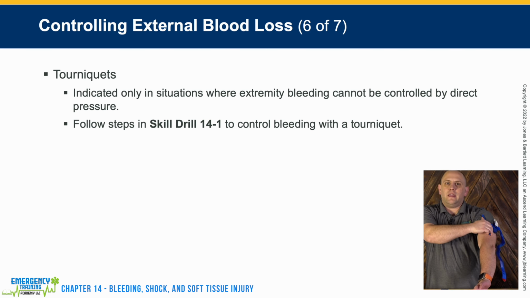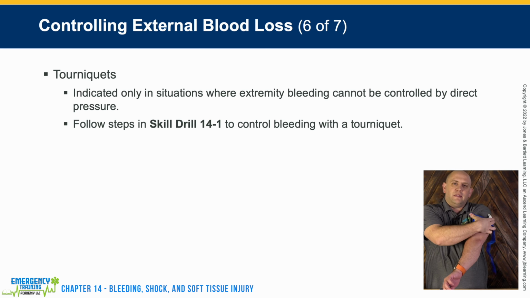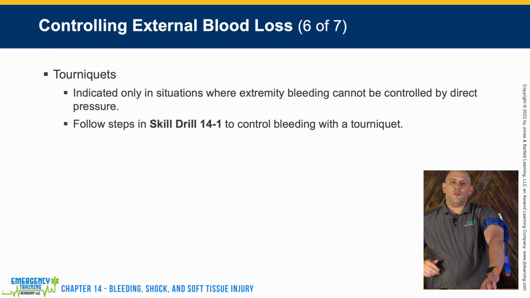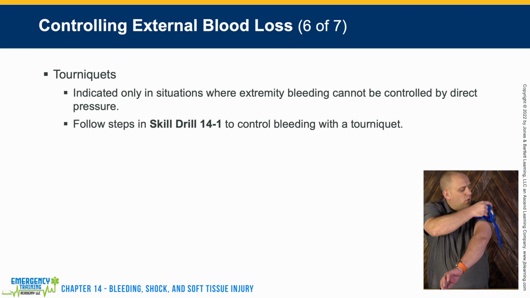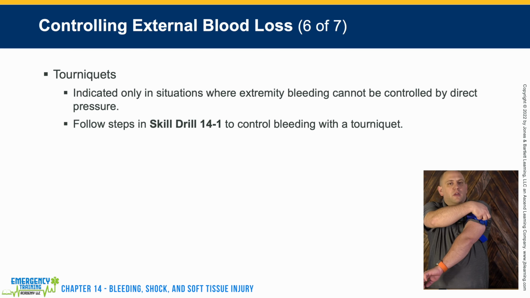So once it's tightened down, you just start to turn the windlass. In general, it takes about 2 turns for it to be effective and actually cut off all the circulation below that injury. Once you have it tightened down, you want to make sure and secure that extra tail so that it doesn't get pulled loose.